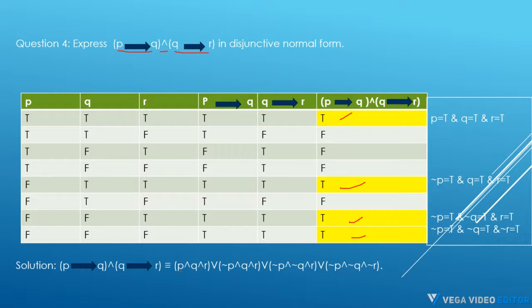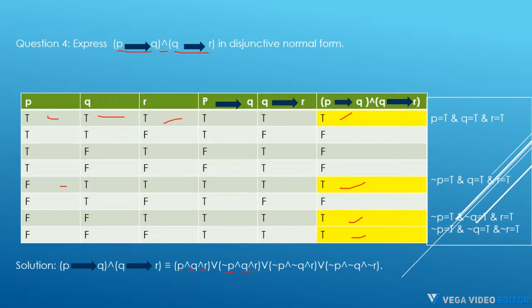P and Q and R is true if and only if P is true, Q is true, and R is true. Then we have not P and Q and R is true if and only if P is false, which means not P is true.